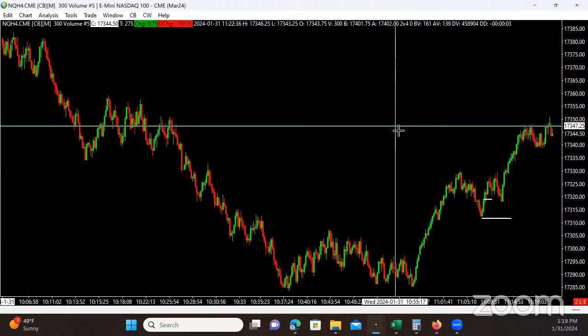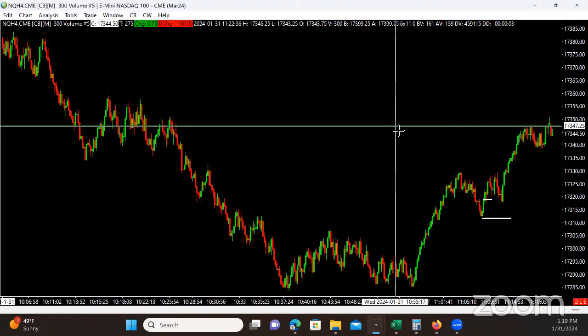Okay. So we're risking 8 points because our stop is 11 and a quarter. All right. And let's look and see what that math looks like. So you have 47 and a quarter minus 19 and a quarter. That's 28 points. Divided by your 8 points of risk is a 3.5 profit target.